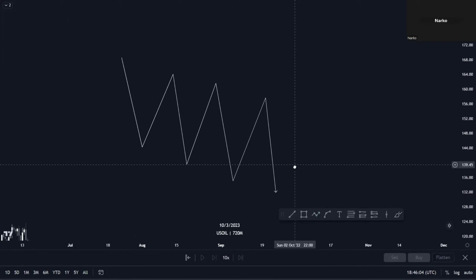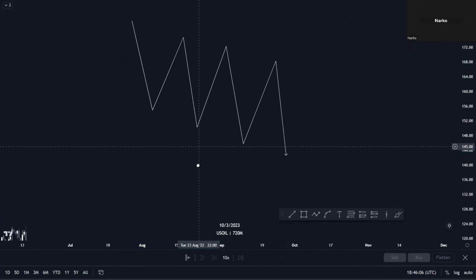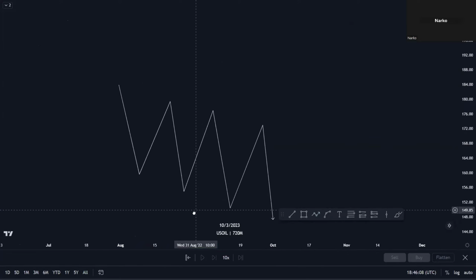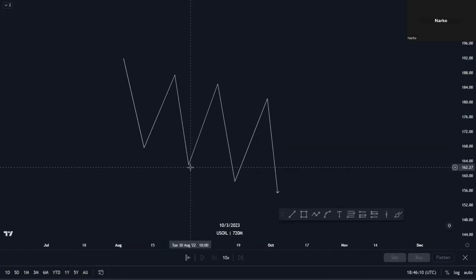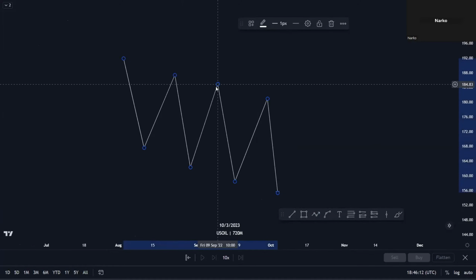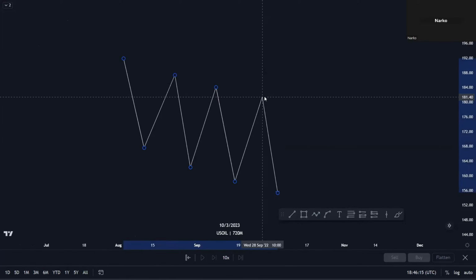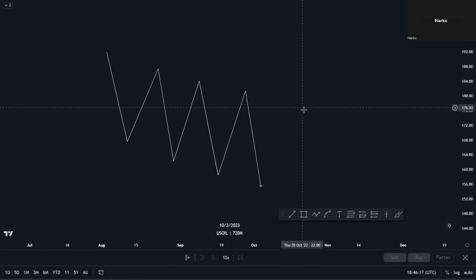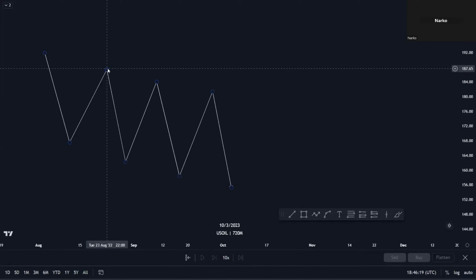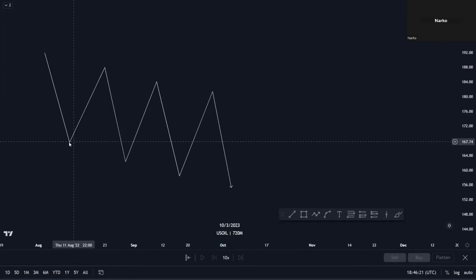a structure like this, whereby price is creating lower lows and respecting our lower highs.